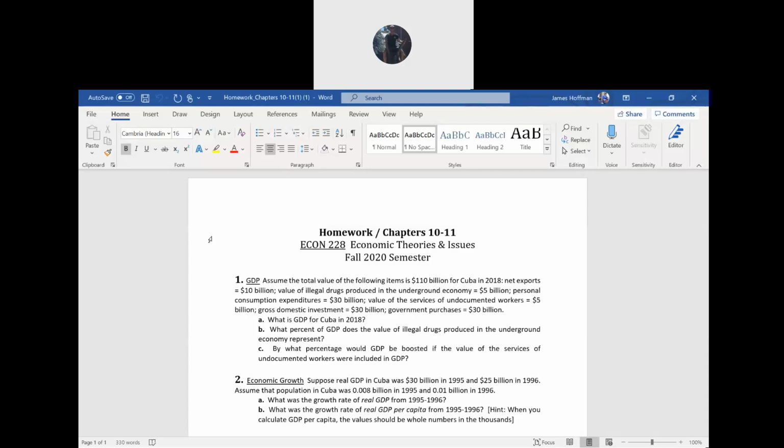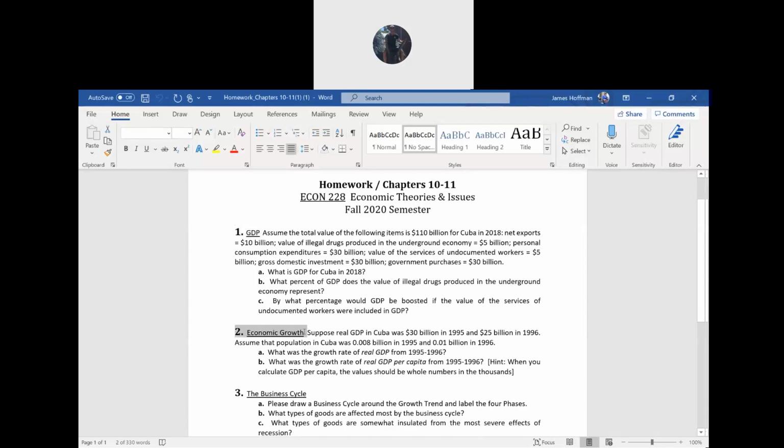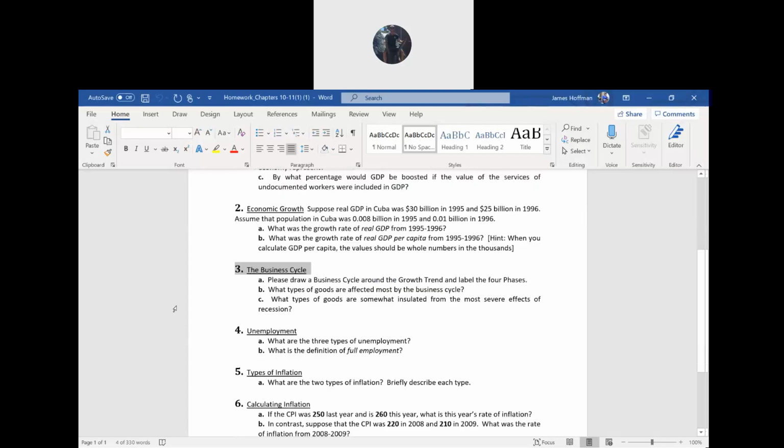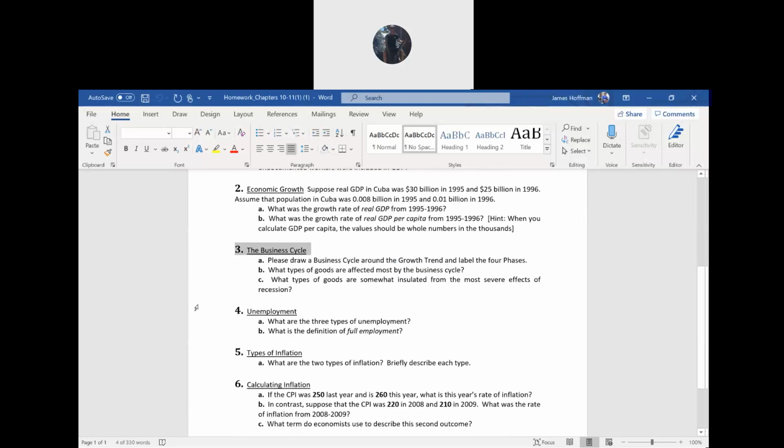So you had question number 1 on using the expenditure approach to calculate GDP. Number 2 is you're calculating the growth rate of real GDP. Then you're determining GDP per capita and getting the growth rate of GDP per capita. So there's a good example on that one we just did. Okay, this is on the business cycle.